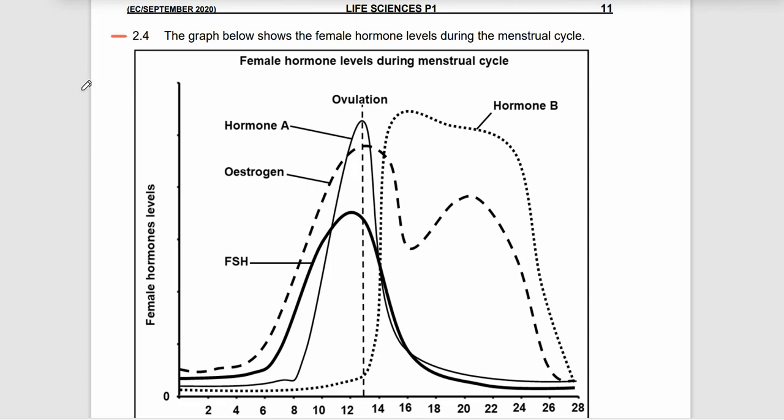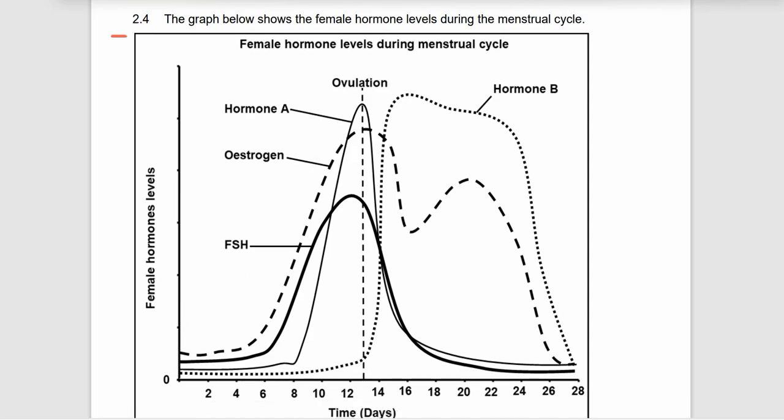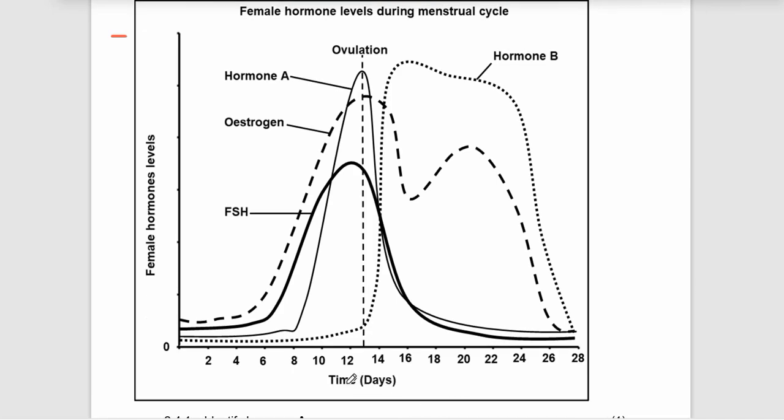So this diagram shows us female hormone levels during the menstrual cycle. You can see on the x-axis we have days, or you can say time, and on our y-axis we have the female hormone levels.